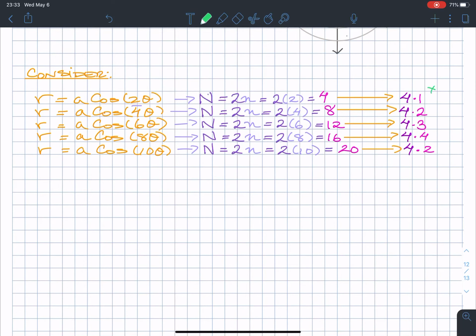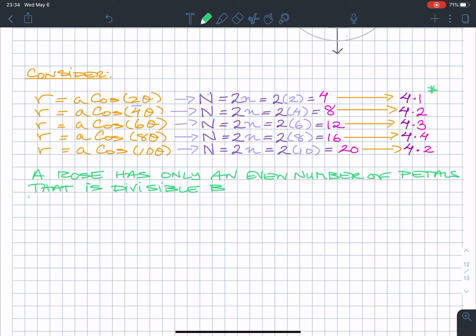A rose has only an even number of petals, that is divisible by 4. Divisible by 4.